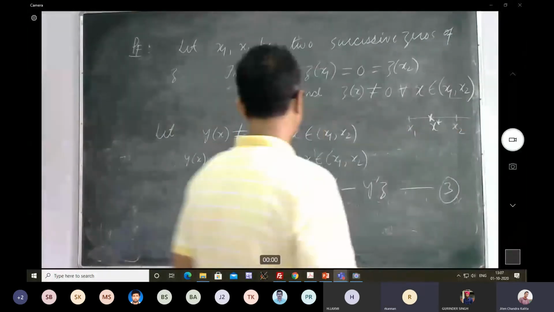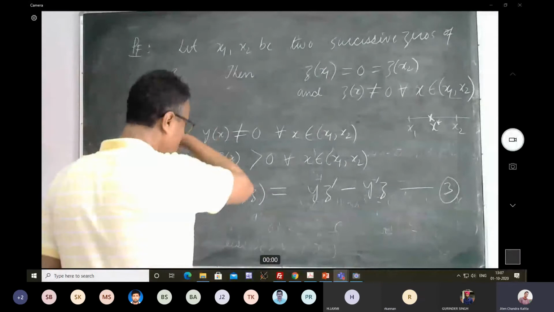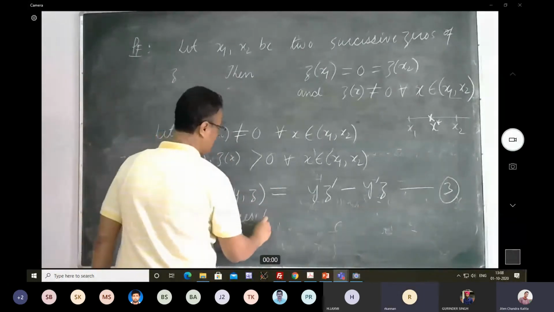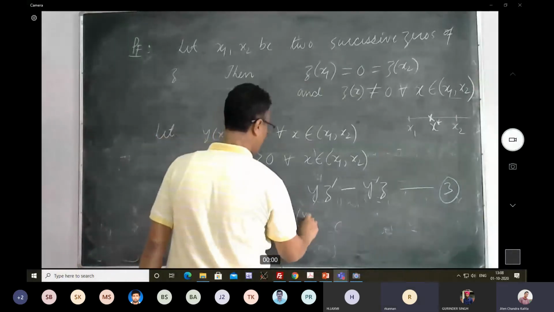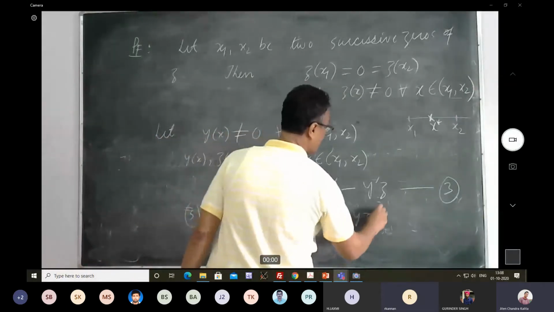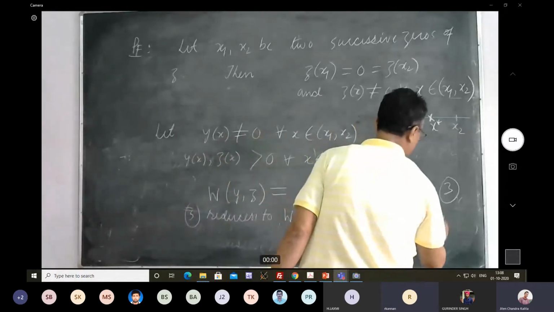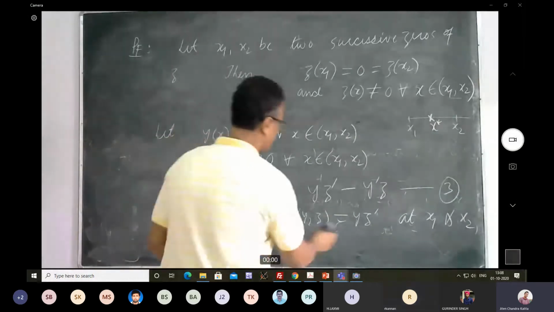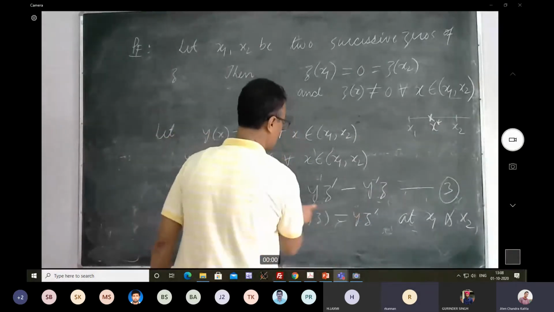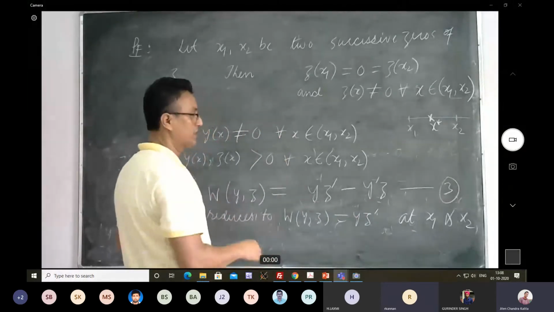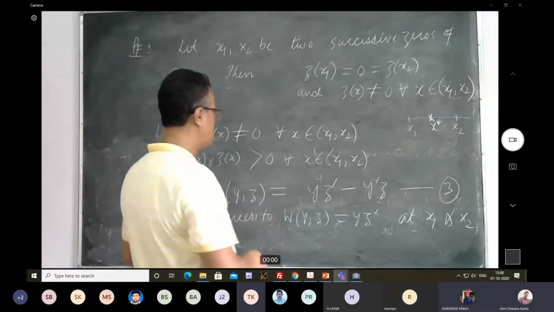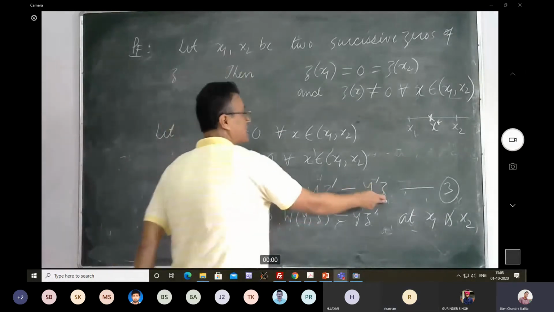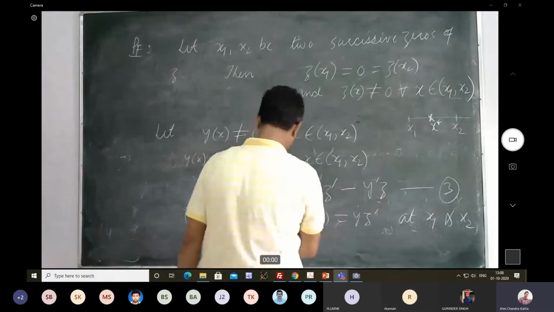Then obviously this reduces to simply y z prime at x1 and x2, because z vanishes at x1 and x2, so that is why it reduces to this.